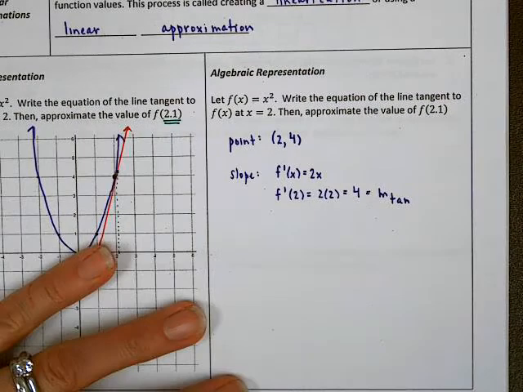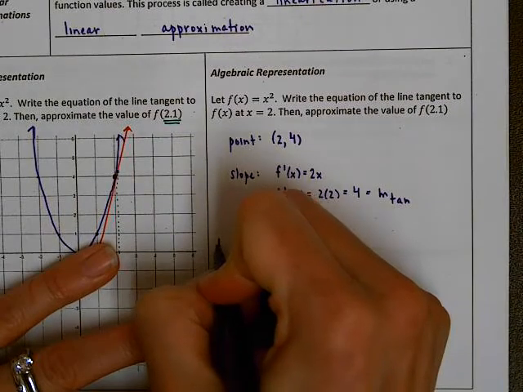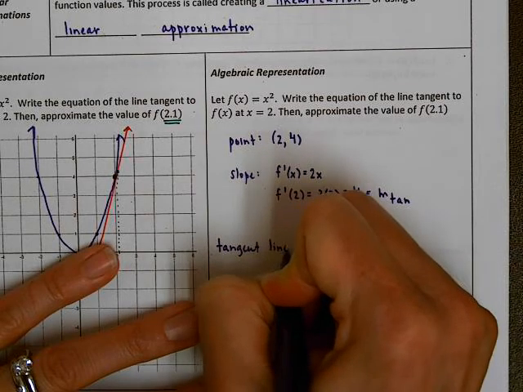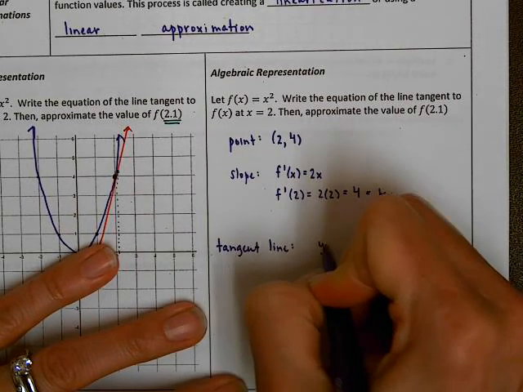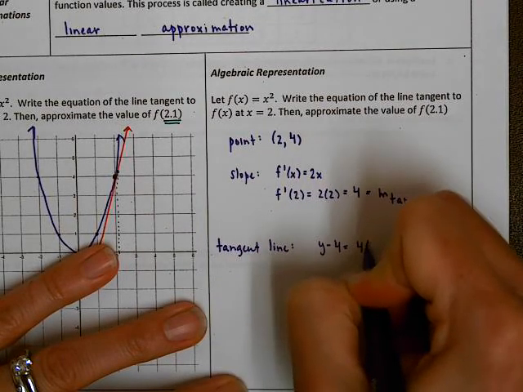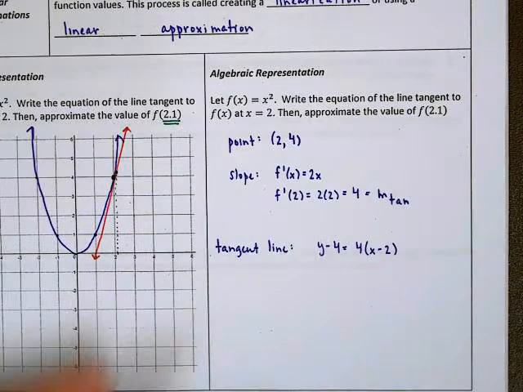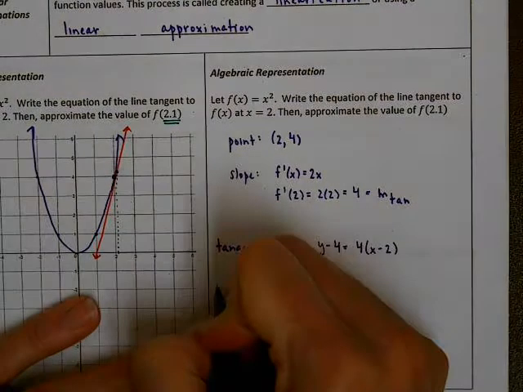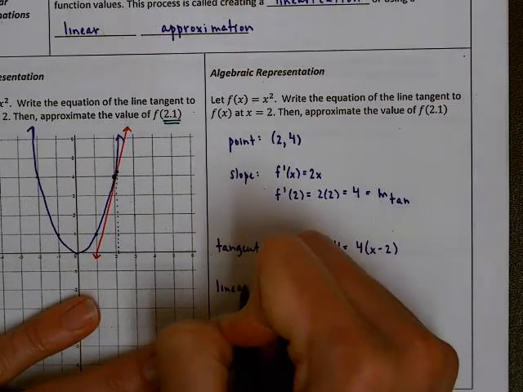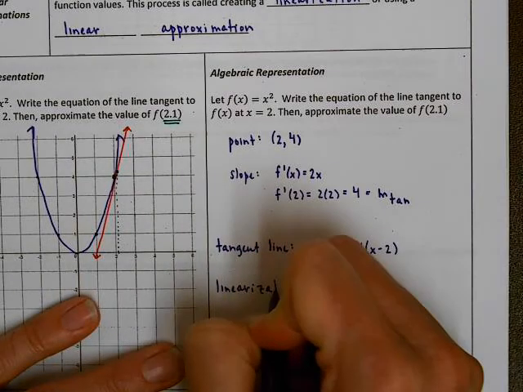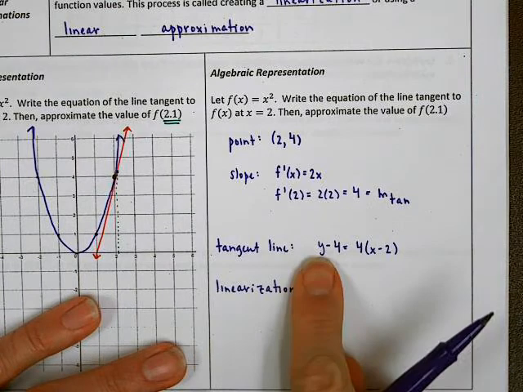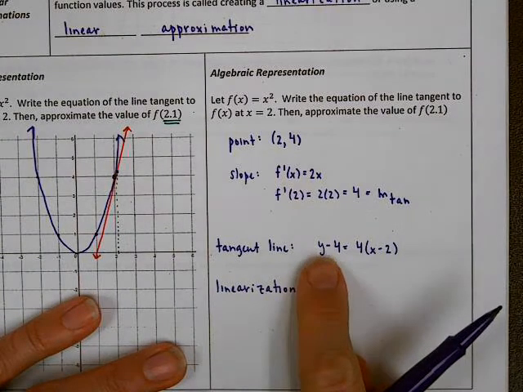So our first step is just to write the equation of the tangent line, which is going to be y minus 4 equals 4 times x minus 2. Now, to get the linearization, all that is we're rearranging the equation to get y all by itself, because ultimately what we're trying to approximate is a y value.